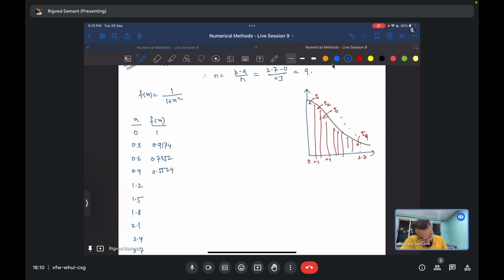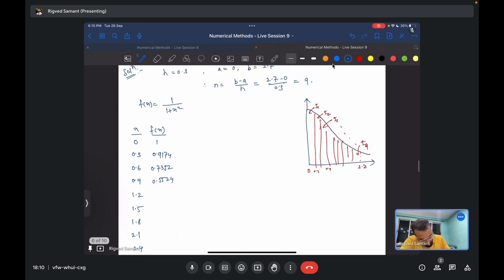For 1.2, I use 1 upon 1 plus 1.2 square, which is 0.4098. Similarly, for 1.5 it is 0.3077. For 1.8 it is 0.2358.